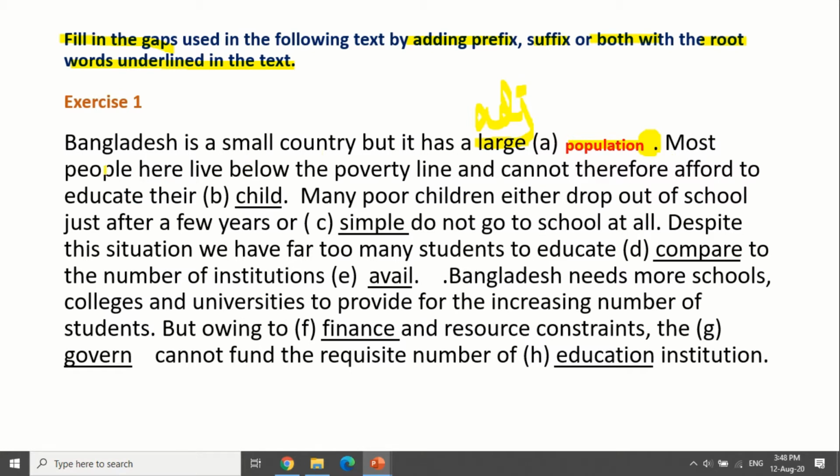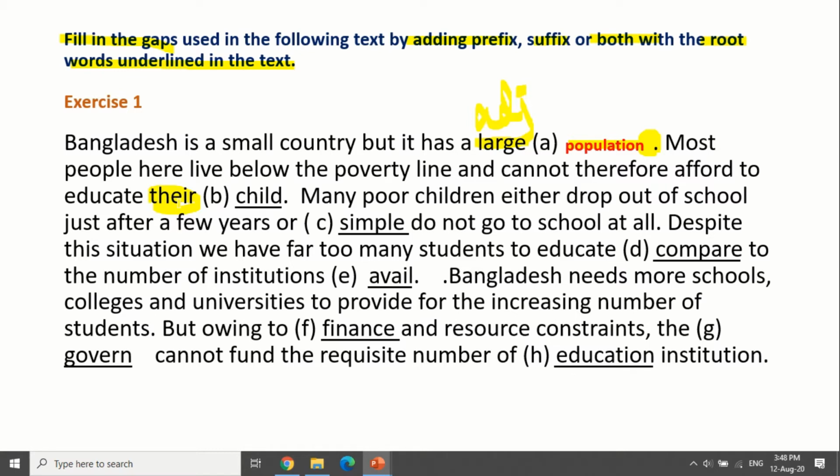Most people here live below the poverty line. এখানে বেশিরভাগ লোকজনই দারিদ্র্য সীমার নিচে বাস করে and cannot therefore afford to educate their child. আর এই জন্যই তারা তাদের সন্তানদের শিক্ষার জন্য ব্যয়ভার বহন করতে পারে না. So you can understand that this word is a plural pronoun, isn't it?